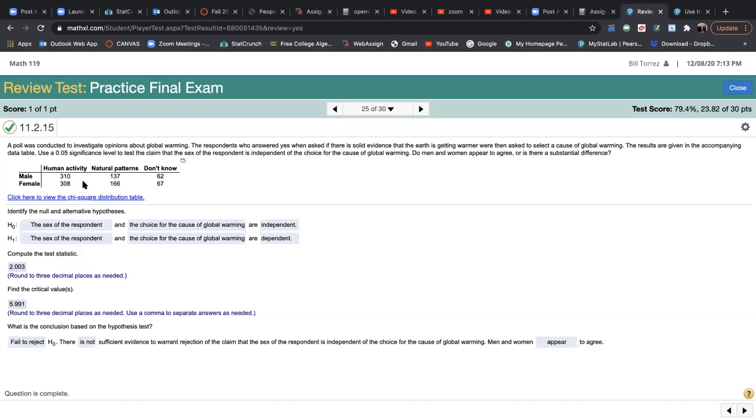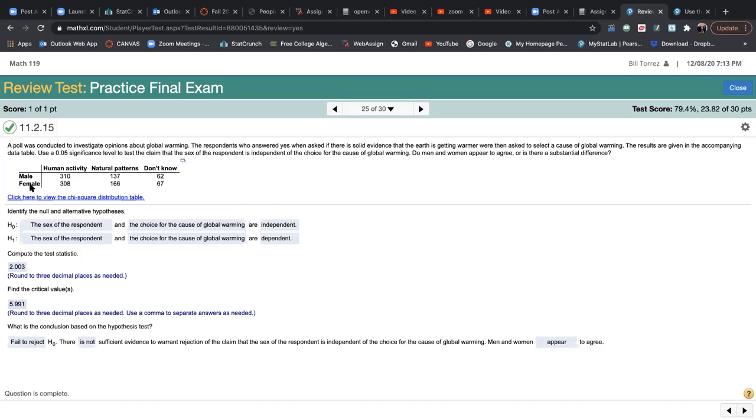Use a 0.05 significance level to test the claim that the sex of the respondent is independent of the choice for the cause of global warming. Do men and women appear to agree, or is there a substantial difference? And here you see the breakdown.